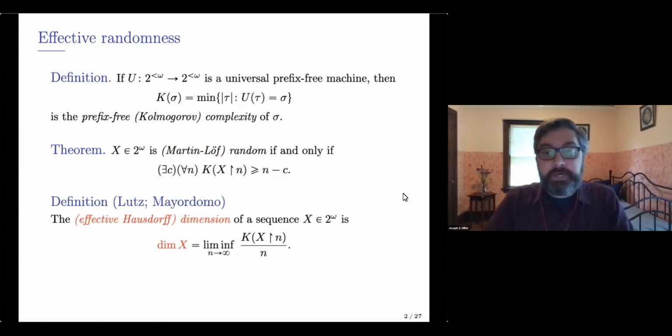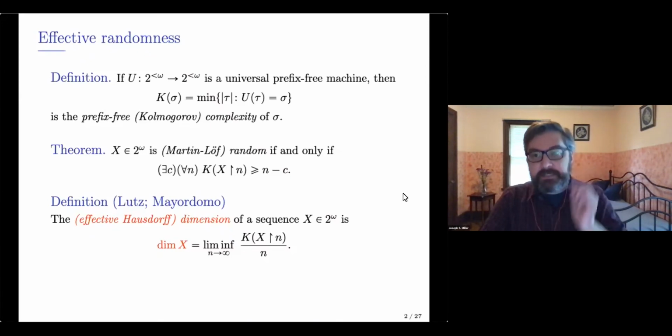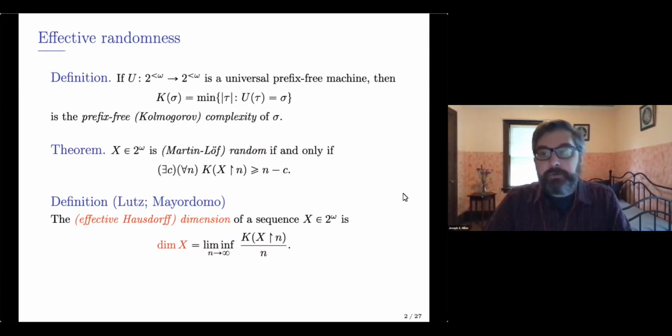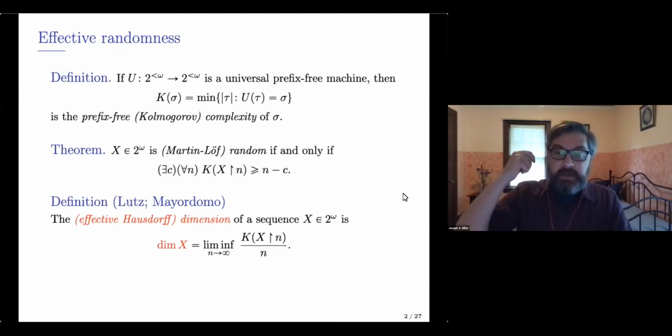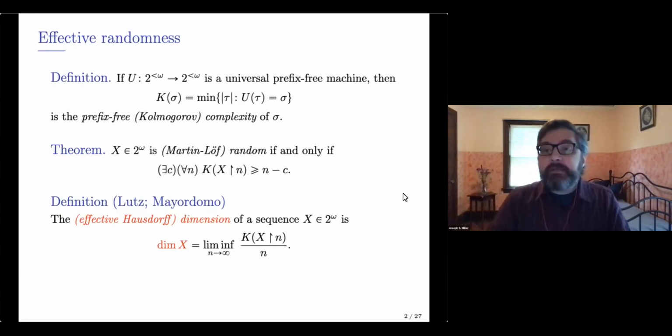Now, somewhat less well known, but actually very common in effective randomness, is the notion of effective Hausdorff dimension, originally defined by Lutz. The definition I'm giving here is a characterization due to Mayordomo. It's the lim inf of the complexity of the initial segment over its length: the dimension of x is the lim inf of K of x up to n over n. Within reason, it doesn't matter what notion of Kolmogorov complexity you're using.